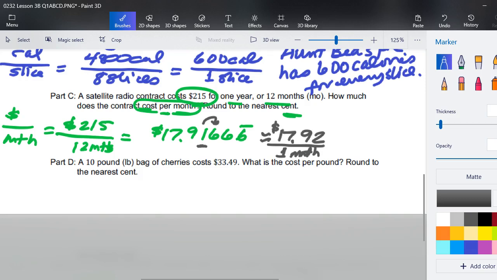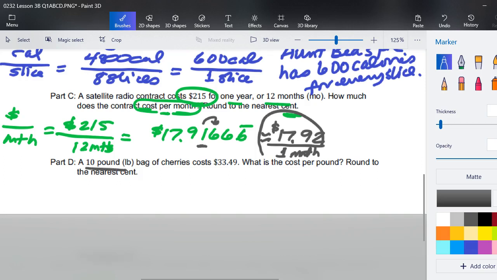And then you can play around with the sentence about every month I have my satellite radio contract. I am paying $17.92. Write something that tells what you're doing, what it is, and gives both pieces of our unit rate.